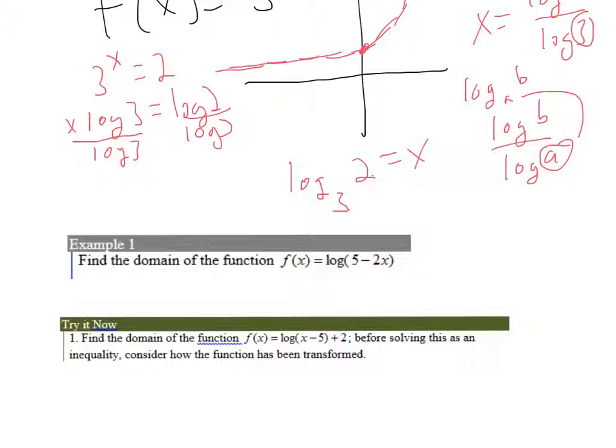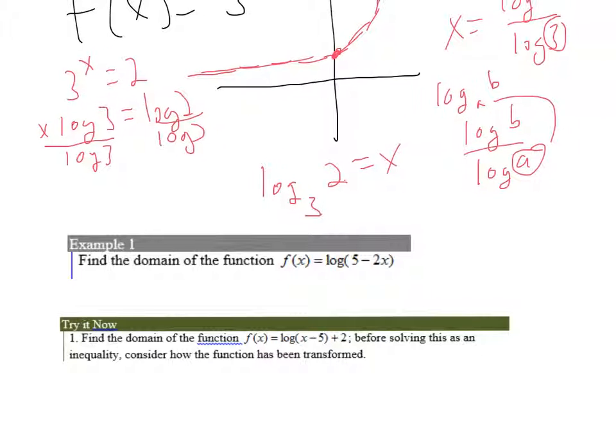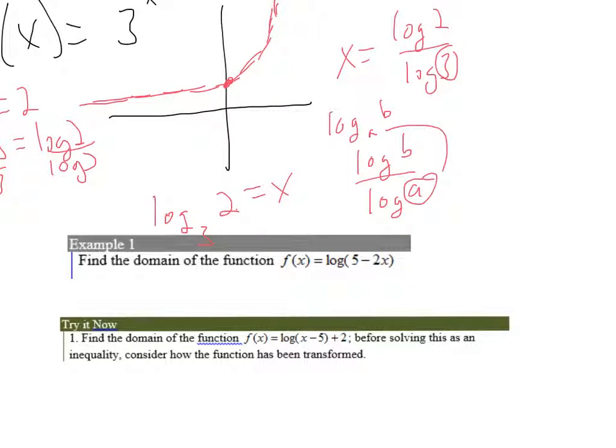Now, how this applies to a graph is, if you remember, inverse functions get reflected around the line y equals x. Here's y equals x. And if this is the point 0, 1, that means the inverse graph is going to cross through 1, 0, because remember we're switching x and y.